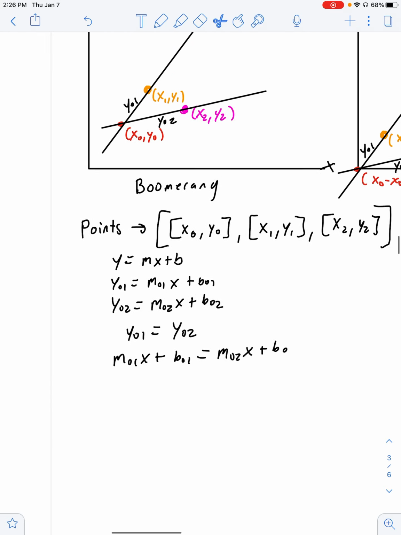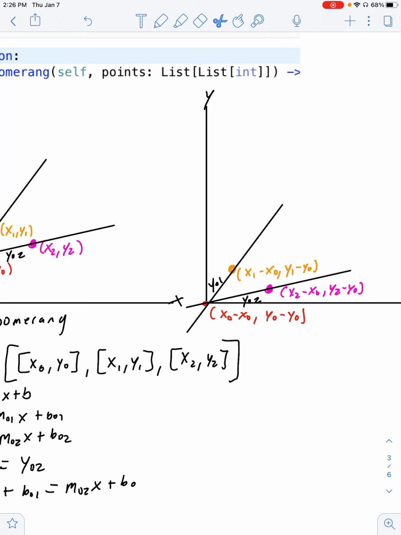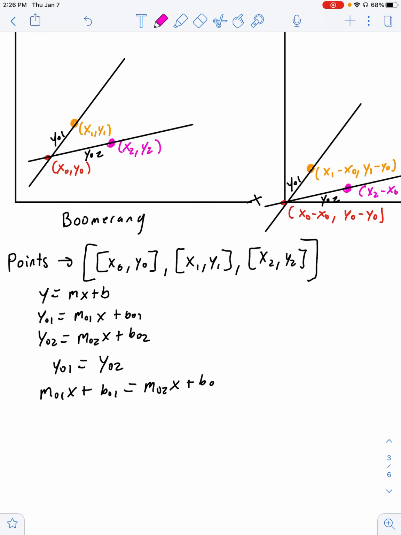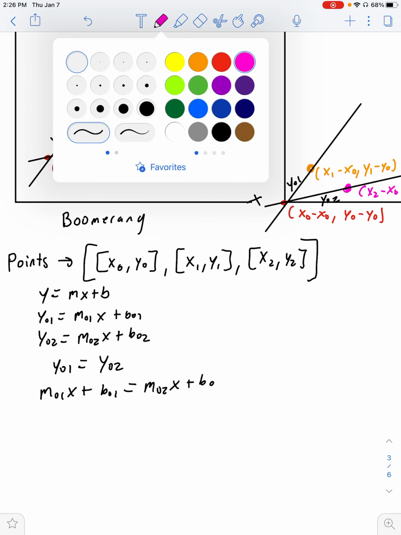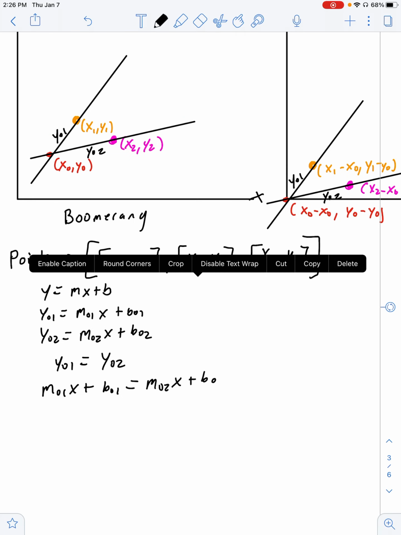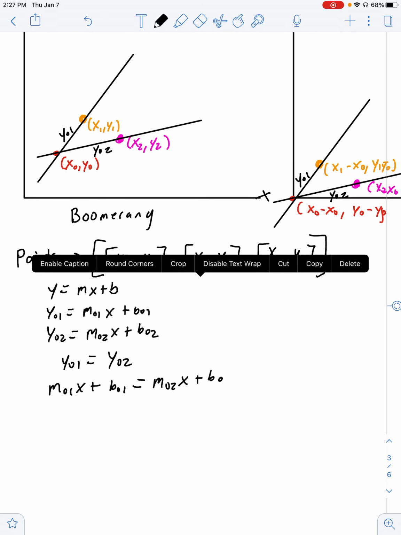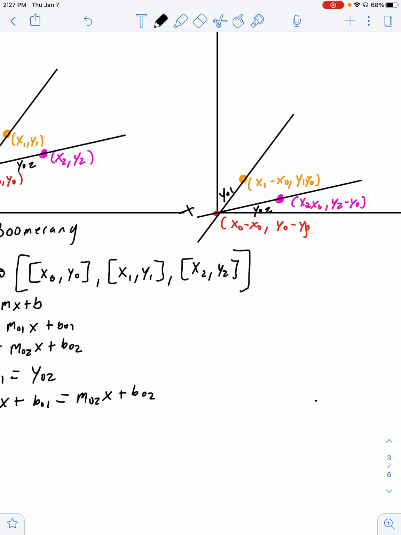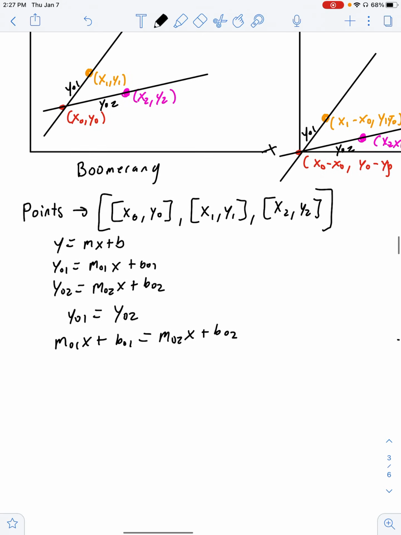So why did we take all this time to reorient this system of 3 points in this fashion? The answer is, well, what are B01 and B02 now that we've reoriented this system?